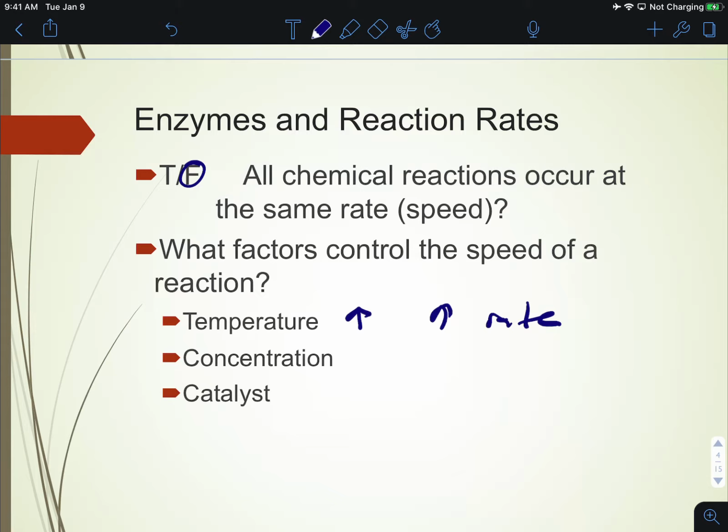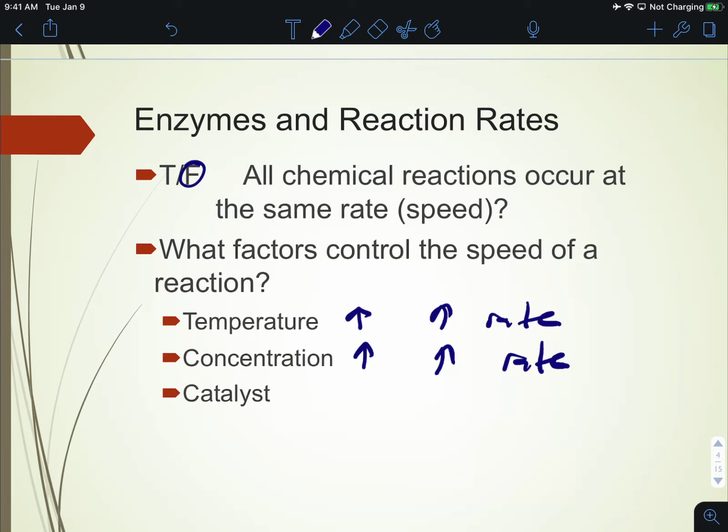So the collision has to be oriented the right way. The molecules have to be oriented the right way and have to have enough energy. So if I increase the temperature, I increase the energy, my chance of a successful collision leading to a product increases, and therefore my rate of reaction increases. You can think about it the same way with concentration. The more you have, the more collisions you have, and the more likely that you're going to have successful collisions.